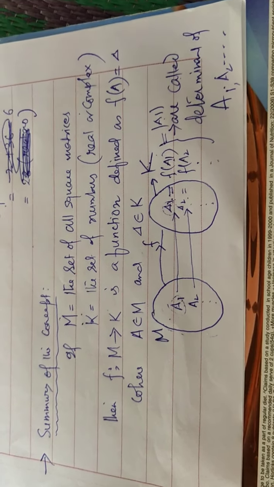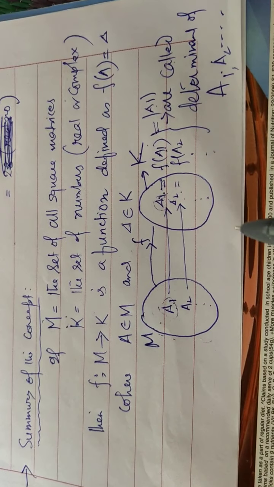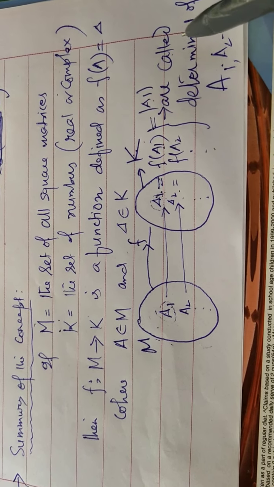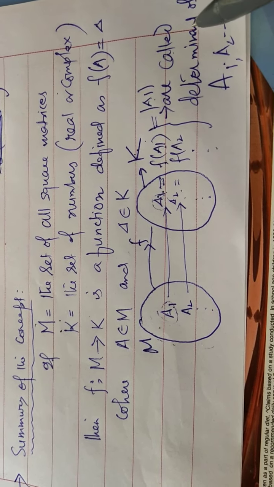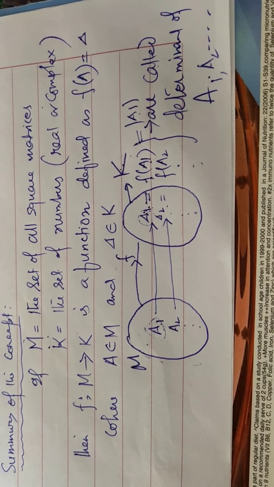That means every square matrix is uniquely associated with a real or complex number, and that number is called the determinant.